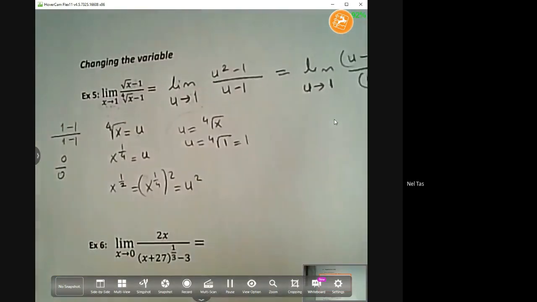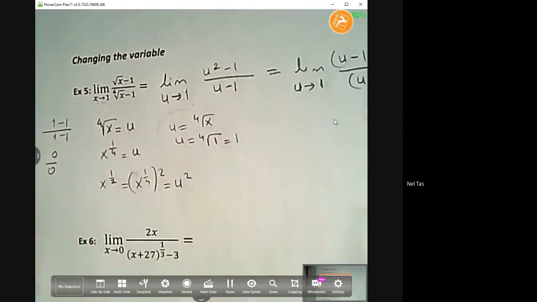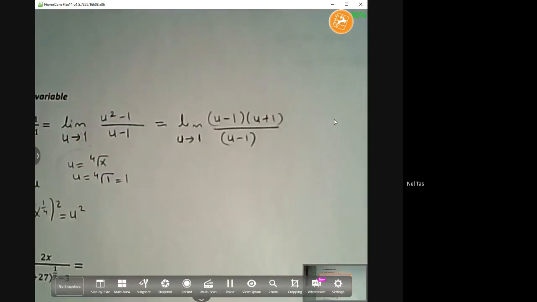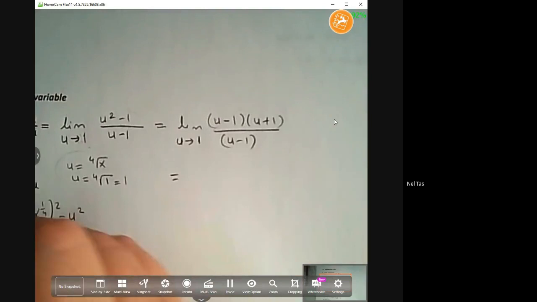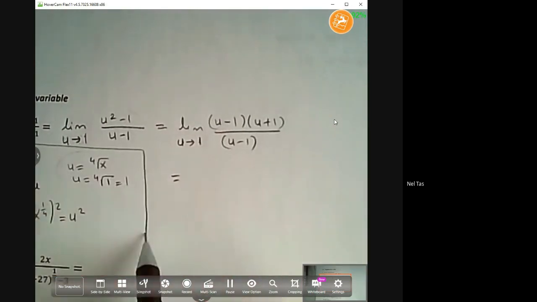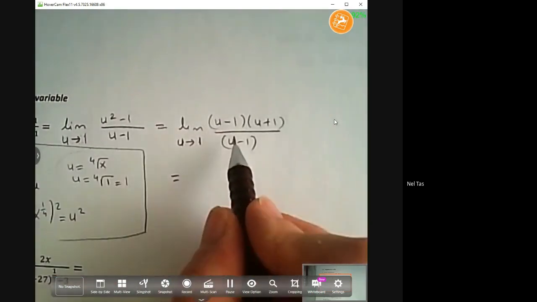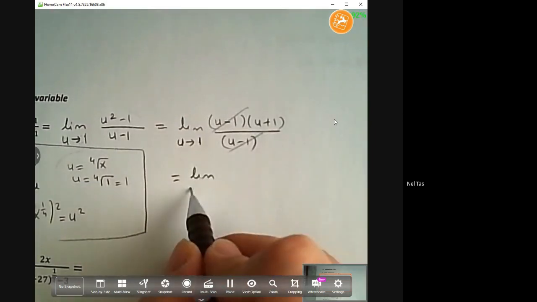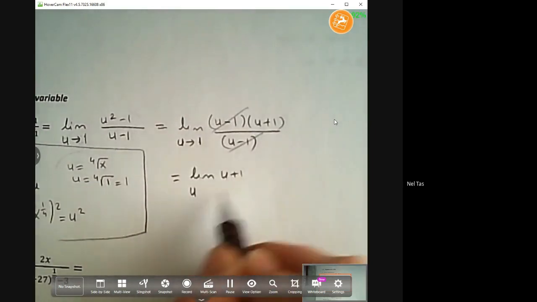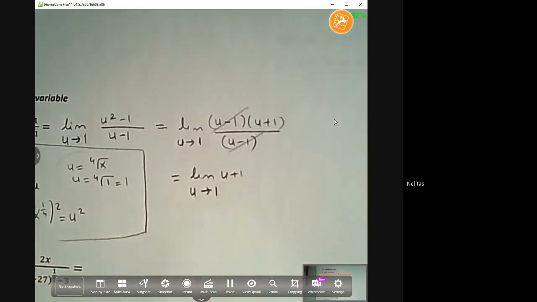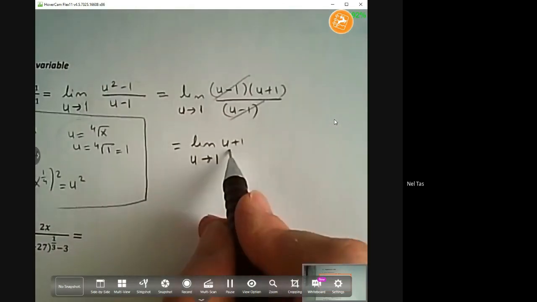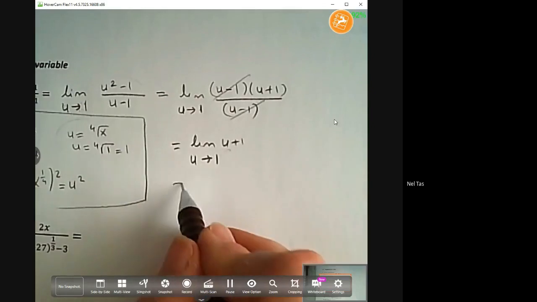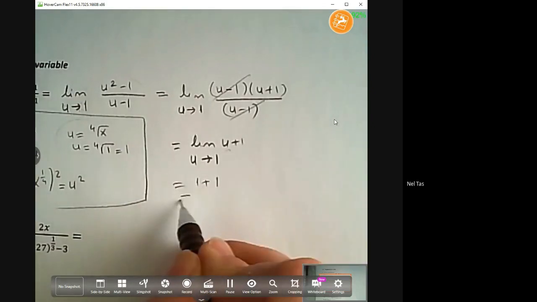Now the u minus 1 cancels, so you get limit of u plus 1 as u approaches 1. Now substitute, so you get 1 plus 1, which is 2.